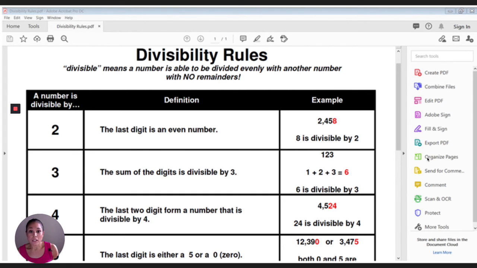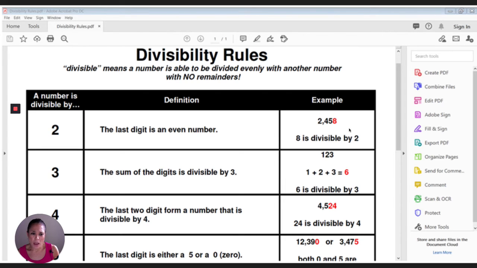So divisibility rules, what is it? Divisible means a number is able to be divided evenly with another number with no remainders. Very important, no remainders. So a number is divisible by 2 if the last digit is an even number. Okay, so if you look at this number 2,458, 8 is divisible by 2 because 8 is an even number.